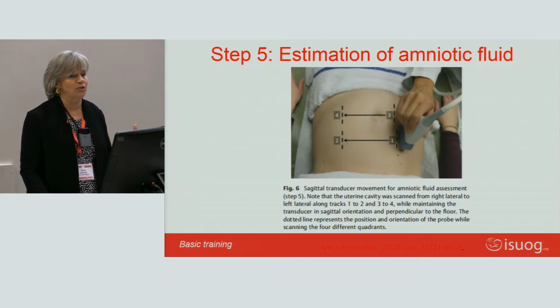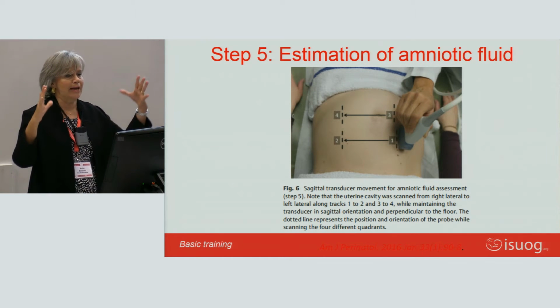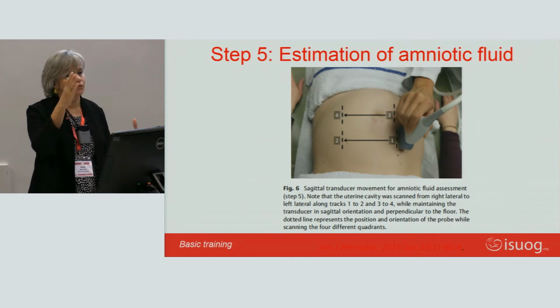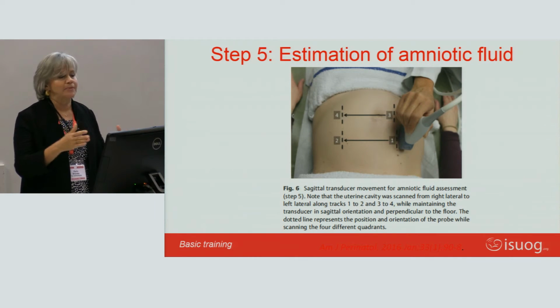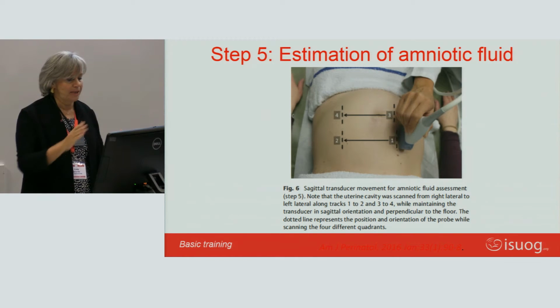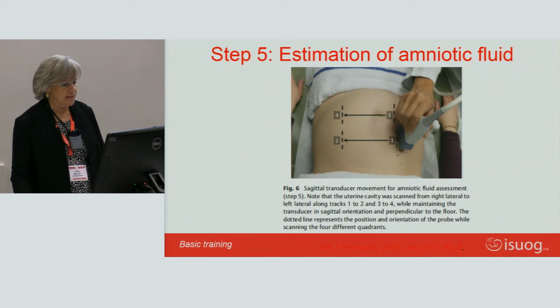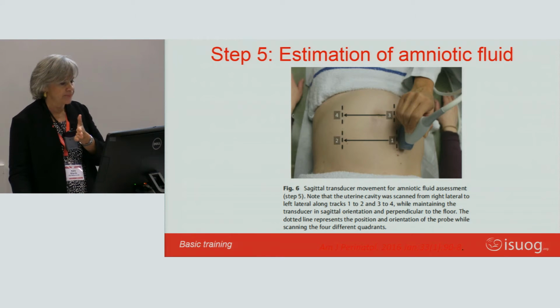What we have to do in actual fact is to think of the maternal abdomen as subdivided in 4 quadrants, starting from the umbilicus. So we have one quadrant, which is the head of the mother is here. So the first one is on the right side of the mother up.